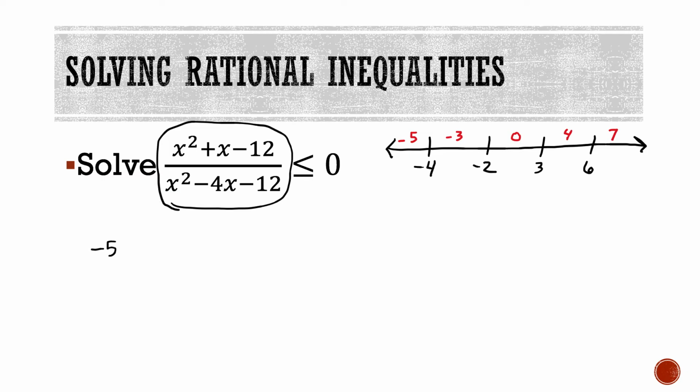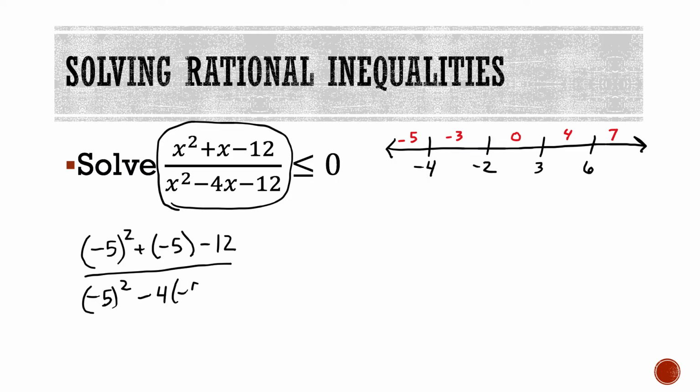So I'm going to have -5 squared plus -5 minus 12. And then on the bottom, -5 squared minus 4 times -5 minus 12. All right, and again, keep in mind that the only thing that you're really concerned with here is whether you get a positive answer out or a negative answer out.